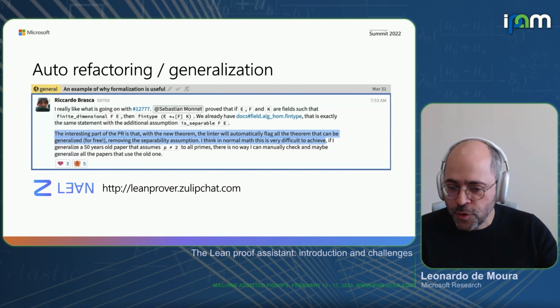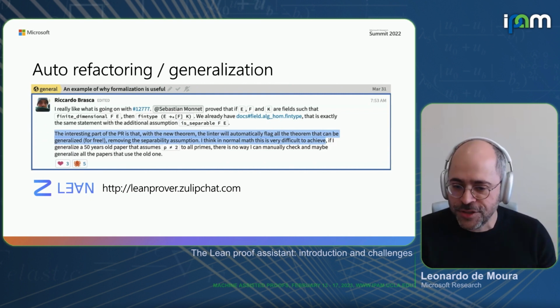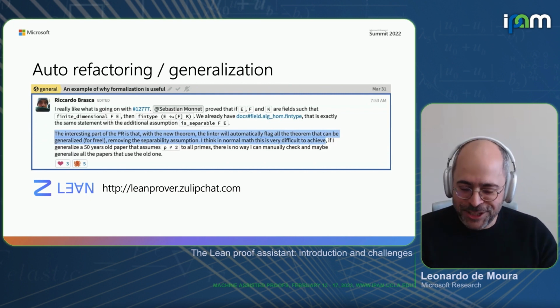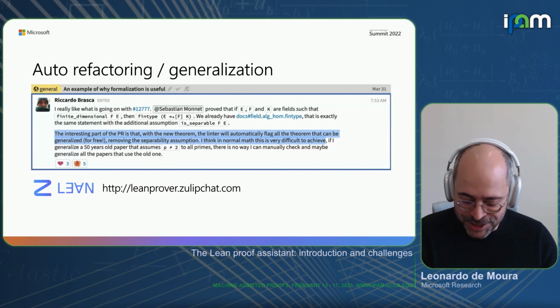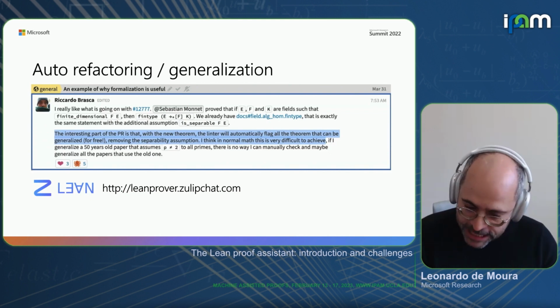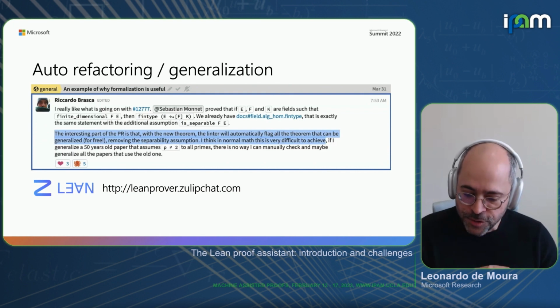And you can write a simple tool that tries to generalize your theorems automatically, that tries to move up in this hierarchy or remove assumptions and check if you can still prove the theorem. You can do that because you have the kernel, right? We have the kernel that will check if your proof is still correct. And you can automate the process.